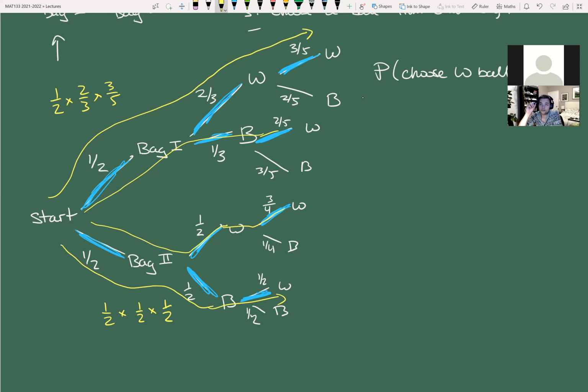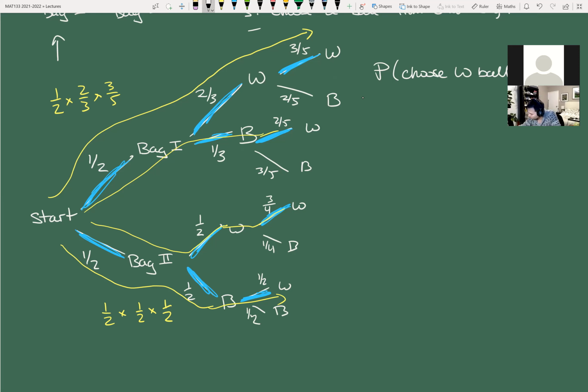If you want a more detailed explanation behind why we multiply the probabilities and why we add them up, the reason why we multiply them is because that's how conditional probability works. And the reason why we add them is the law of total probability, right?